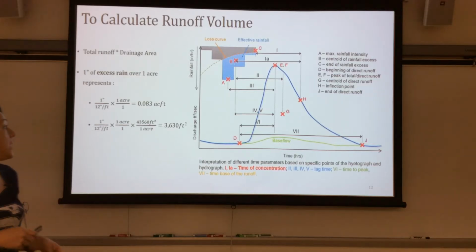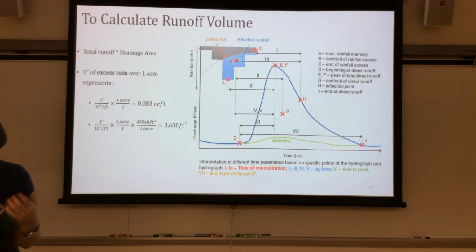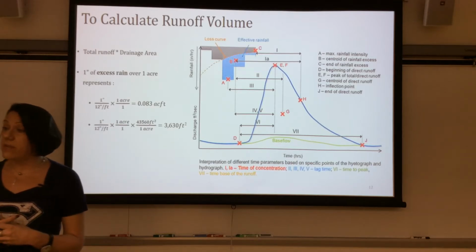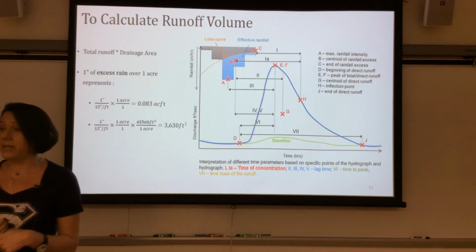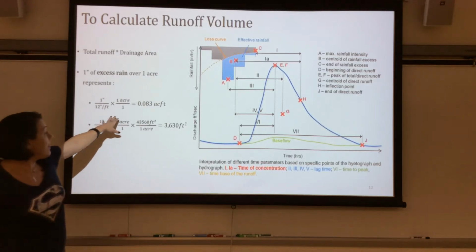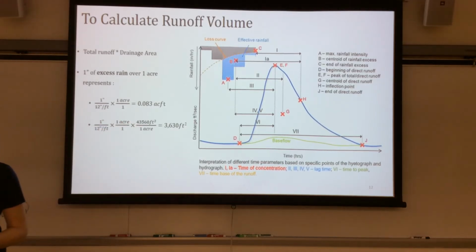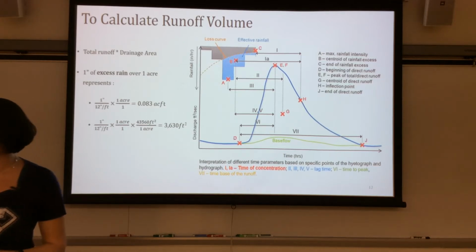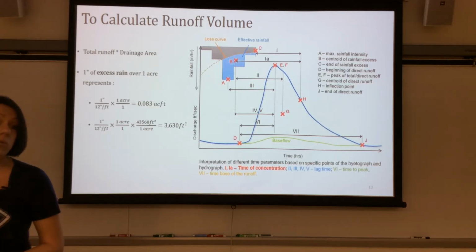Okay? Now, over here it just says 1 inch of excess rain over 1 acre. So if this blue represented 1 inch of rainfall, and let's say I had a 1 acre watershed basin, then I could say that there's 0.083 acre-feet of runoff coming onto our watershed.